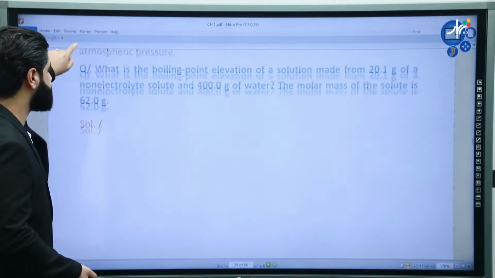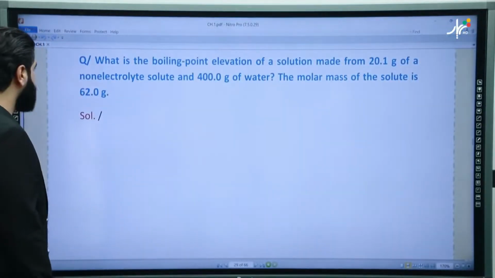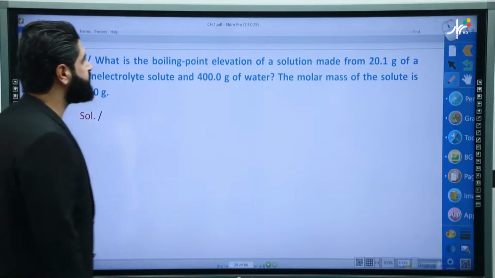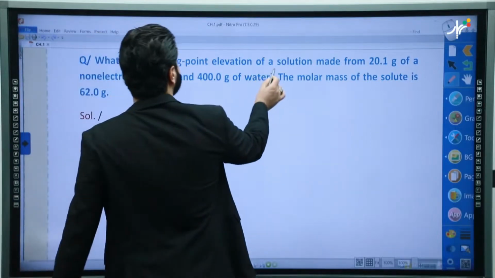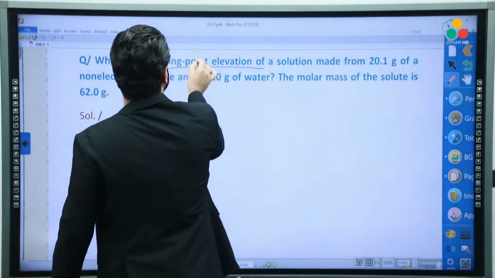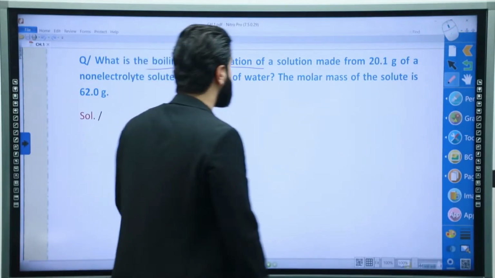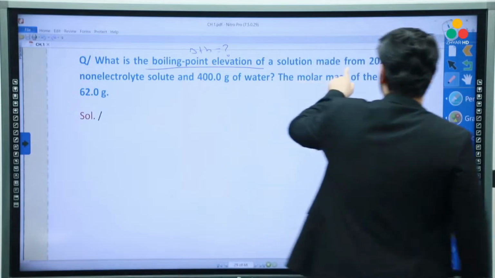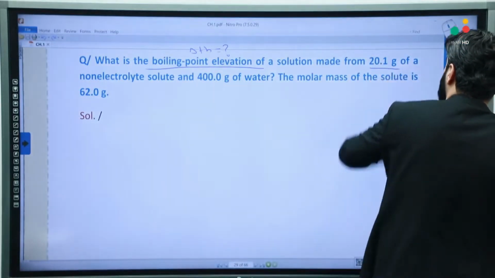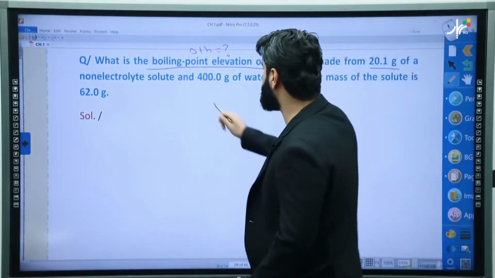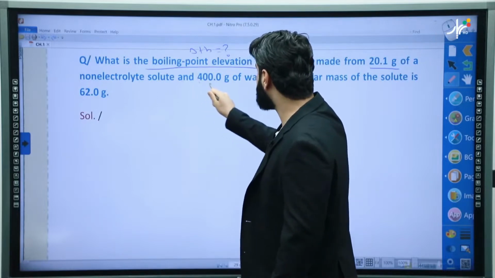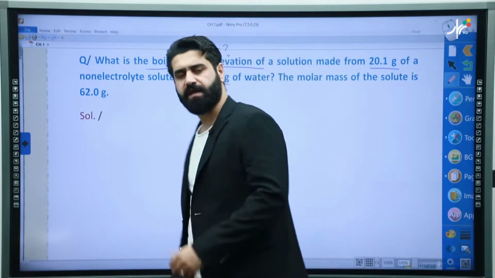It's very easy. Well, let's solve this one. What is boiling point elevation? Boiling point elevation, it's delta TB, of a solution made from dissolving 20.1 grams of non-electrolyte solute in 400 grams of water. Did you remember?